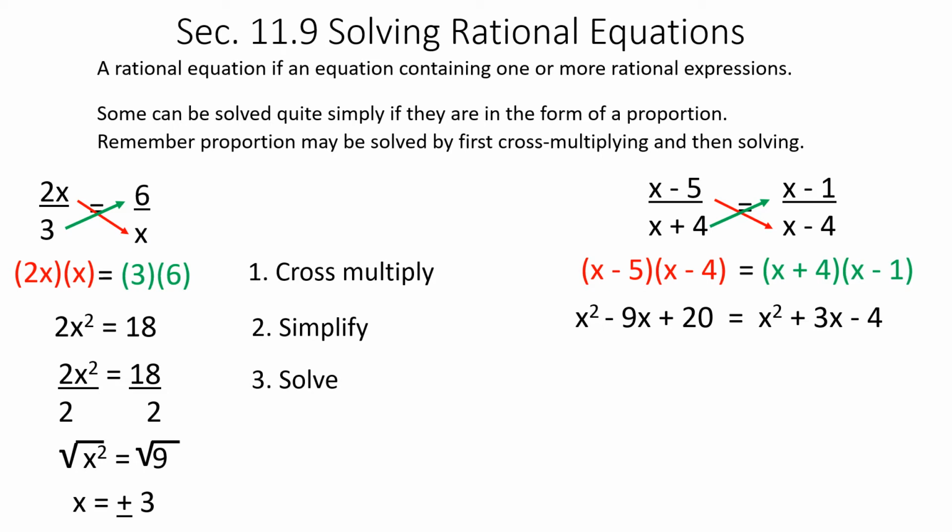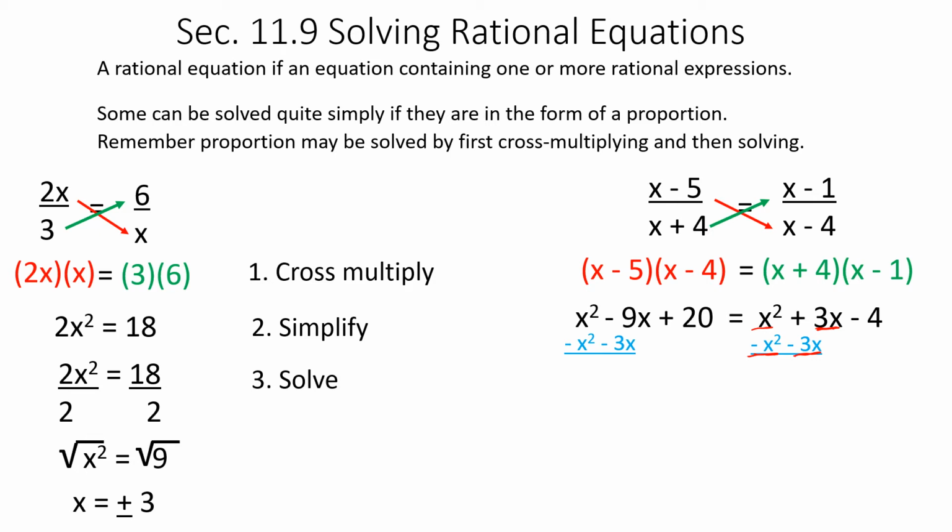And now we're ready to go ahead and solve. We've cross-multiplied, we've simplified. Now we're going to solve. And we're going to do that by trying to get all the variables to one side and the constants on the other. So here what I've done is I've taken, this is a positive 3 here, and so I'm subtracting 3. This is a positive x squared, and so I'm subtracting x squared.